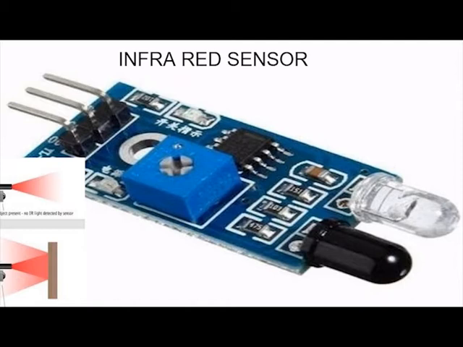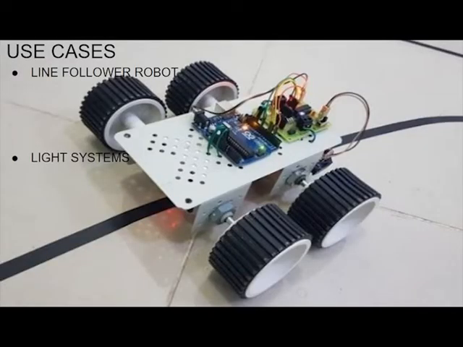Now coming to the use cases of an infrared sensor. The infrared sensor can be used to make autonomous robots like line follower robot and obstruction avoidance robot. We can construct a line follower robot with 2 or more IR modules.